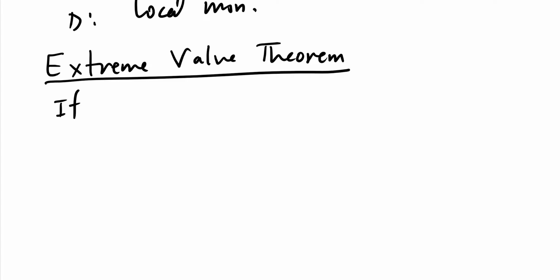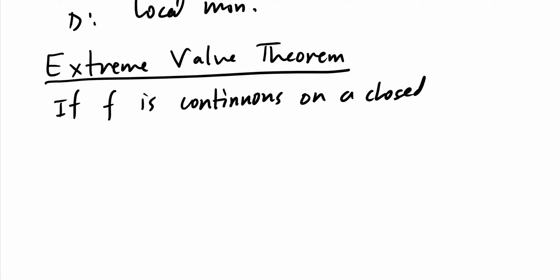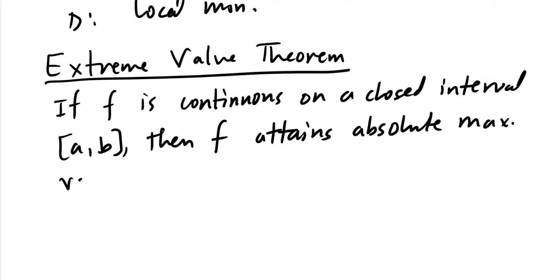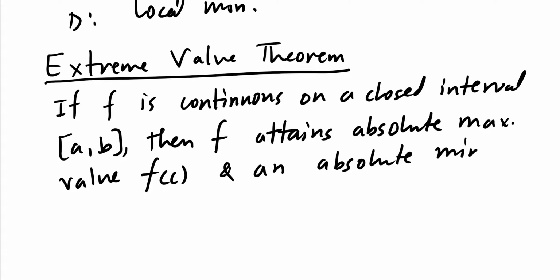It says if a function f is continuous on a closed interval AB, then f attains an absolute maximum value, f of c, and an absolute min value, call it f of d, in the closed interval AB.